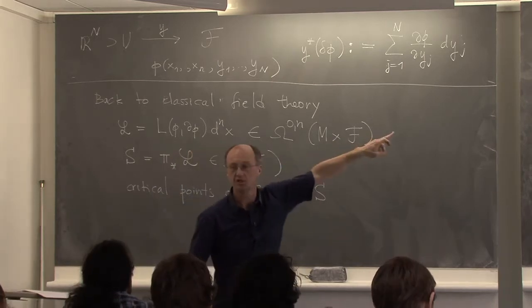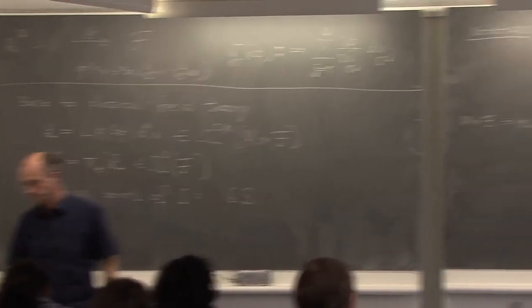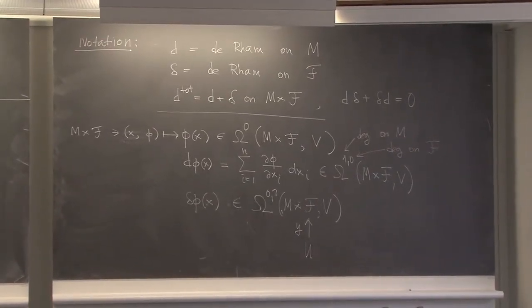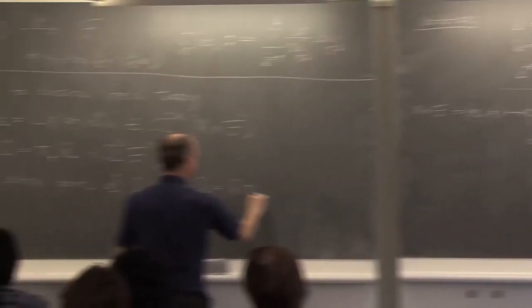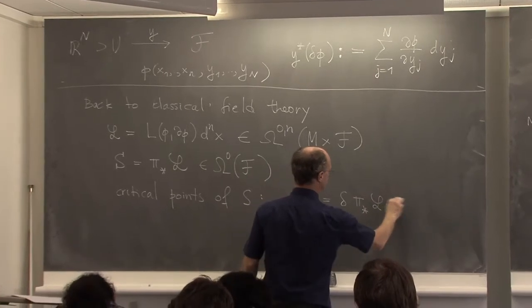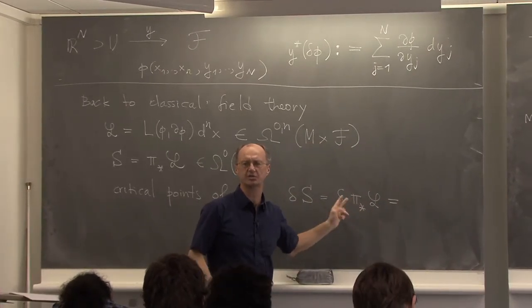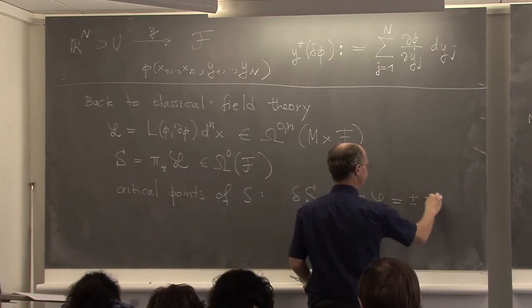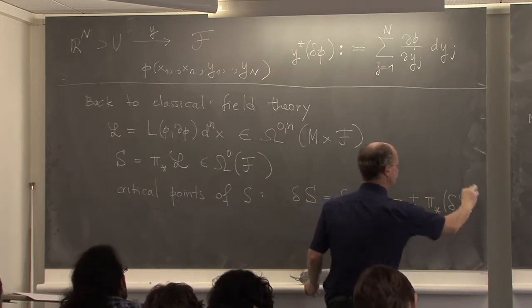Now delta is the differential on S. So we want to compute its differential. So this is the differential of pi star L. And how is it? When you compute them, there might be some sign, right? So this is some kind of whatever, plus or minus pi star delta L.